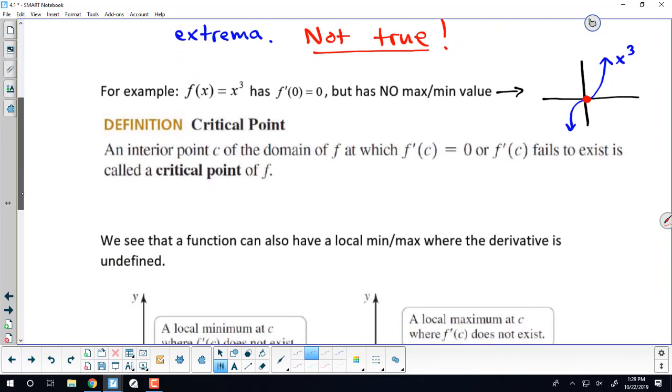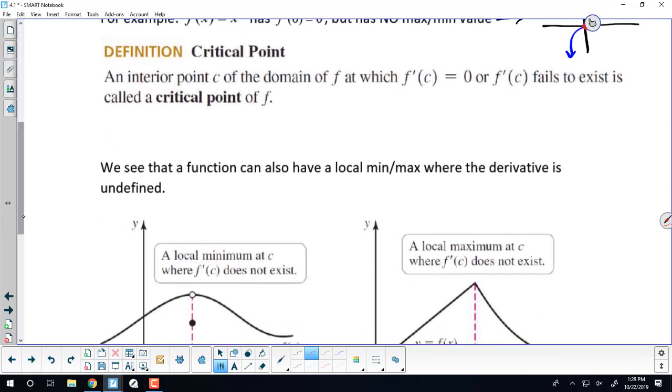All right. So the thing we're going to look at to determine where the derivative is 0 is called a critical point. And a critical point, again, is interior to some interval. Typically, it's the domain of the function. Sometimes they give you a restricted domain.